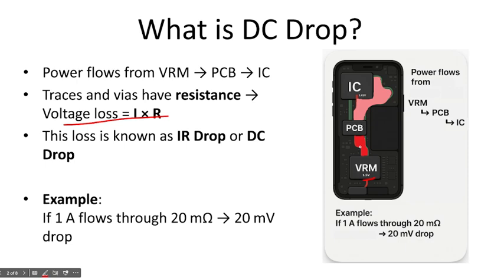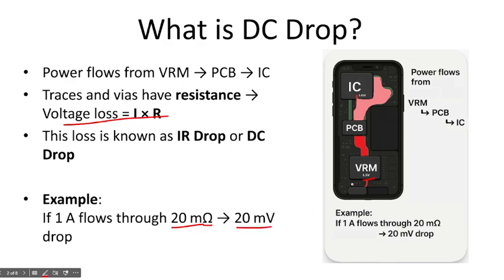Let us say 1 amp of current is traveling on this path because the IC needs 1 amp to operate, and the resistance of this copper shape is 20 milliohms. Then we have 20 milliohms times 1 amp, which is a 20 millivolt drop.